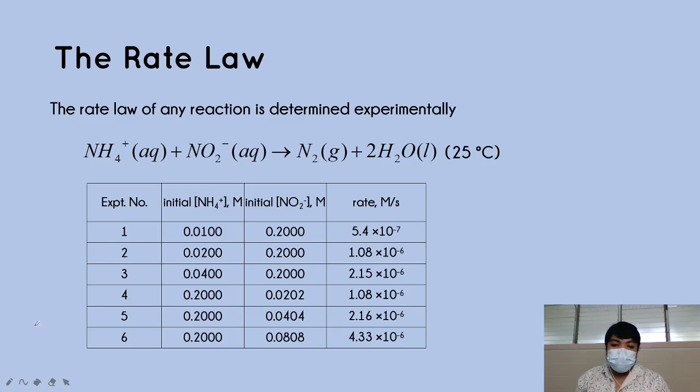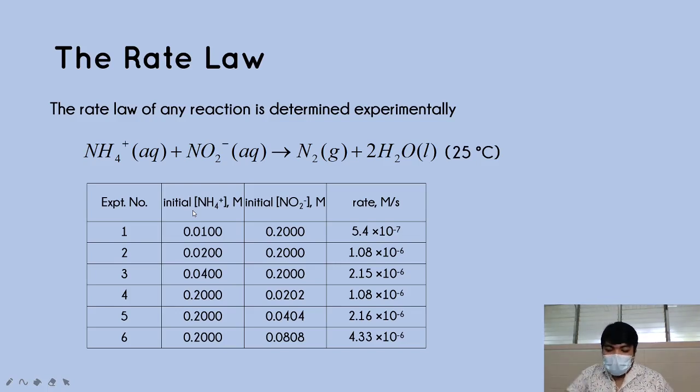Then you determine the rate of the reaction. It's not as easy as it sounds, by the way, because you'll need really special equipment, which I will not tackle because that is not the scope of this video, but also the scope of this topic, general chemistry wise.